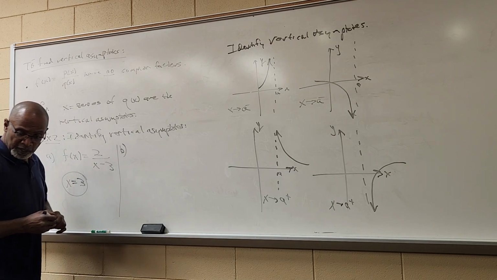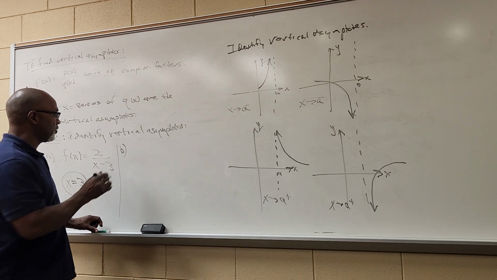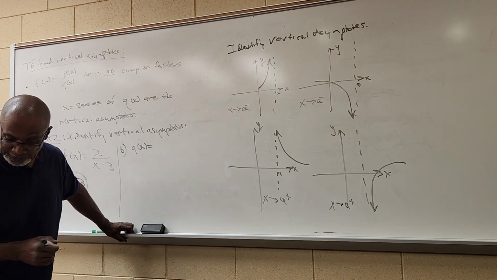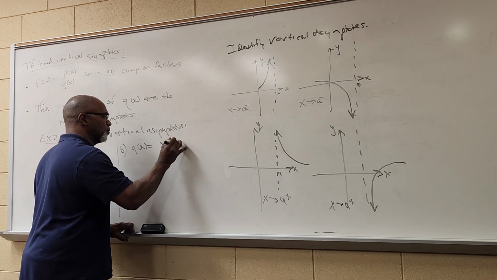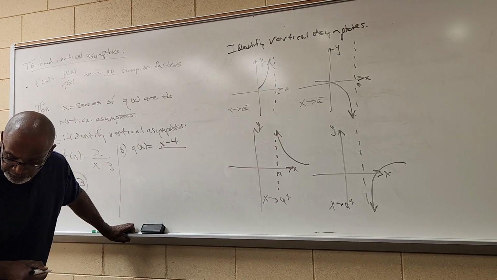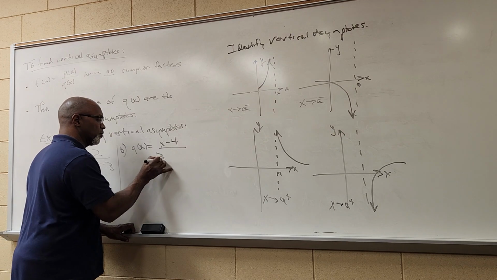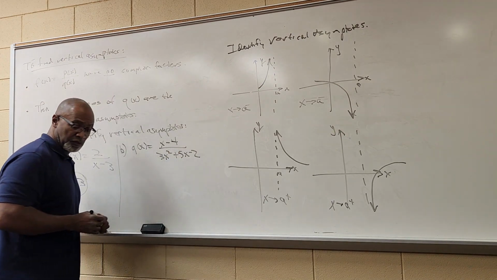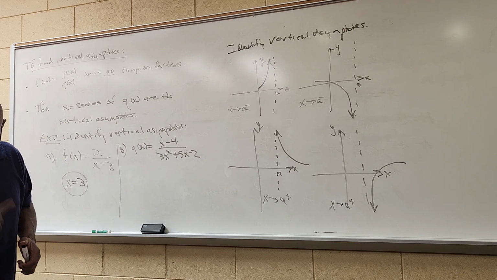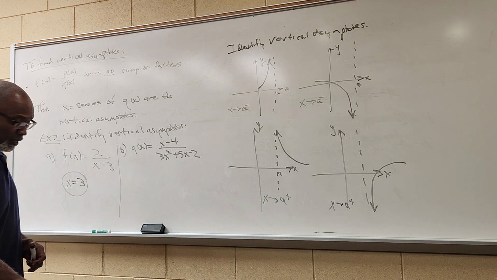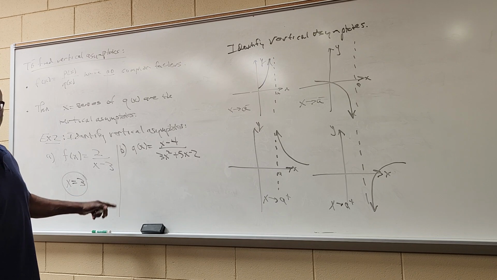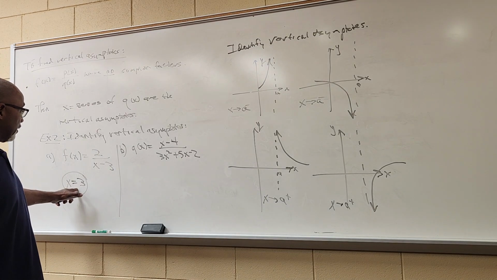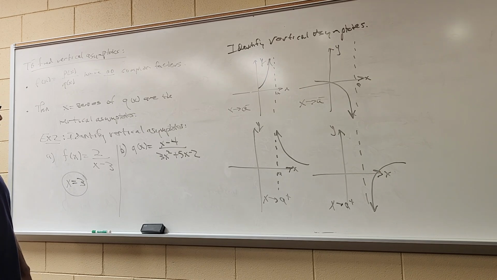B, they give me the function g of x equals x minus 4 over 3x squared plus 5x minus 2. Take a look at these graphs in the book. I'm not going to try to draw them, but you'll see a vertical asymptote at x equals 3.